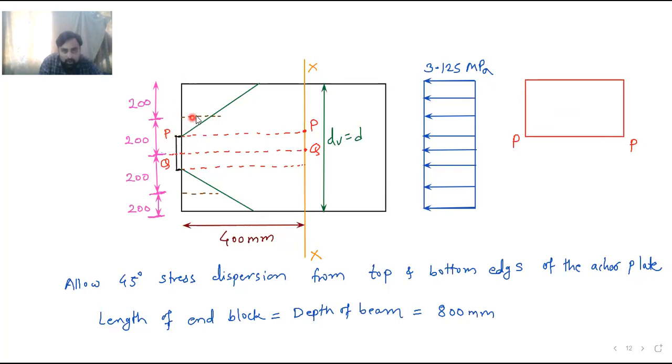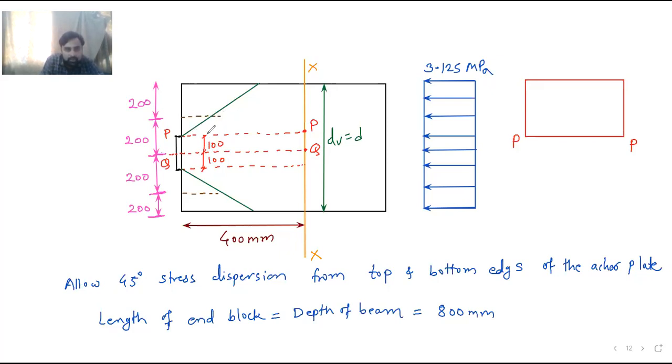So this is the middle point of this 200, so this will be 100. From this point to here it is 100, and from here to here it is also 100. It is evenly placed.